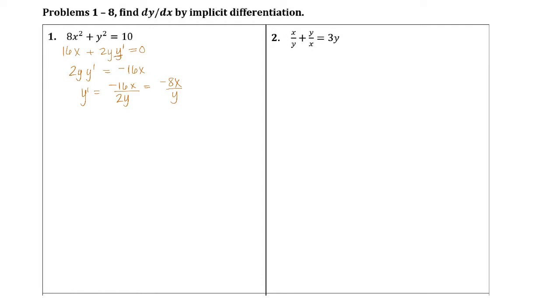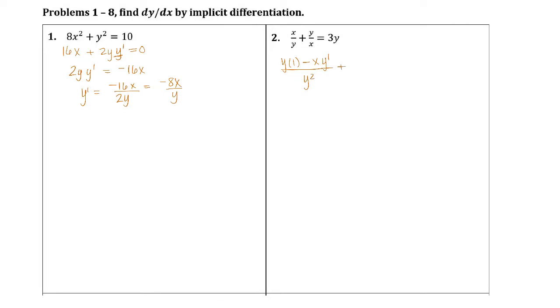Number 2, we're going to do the quotient rule with this. So we'll have the bottom times the derivative of the top minus top times derivative of the bottom all over the bottom squared.